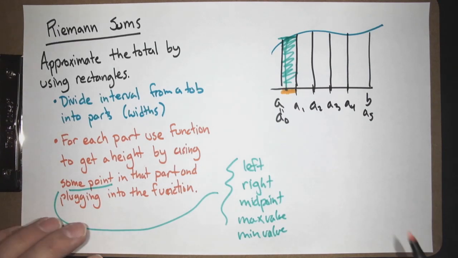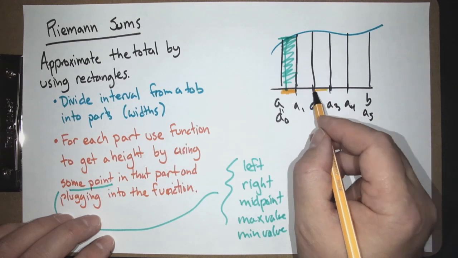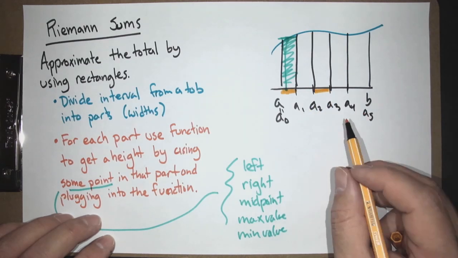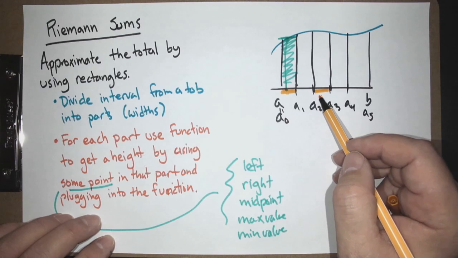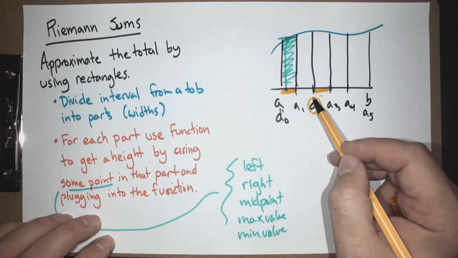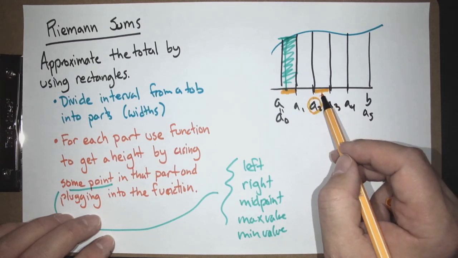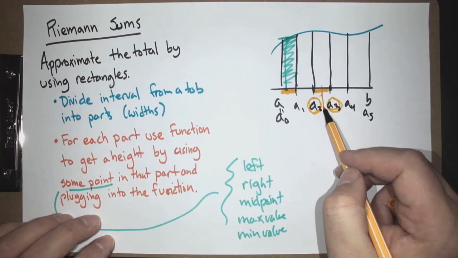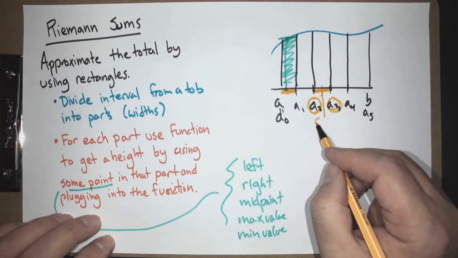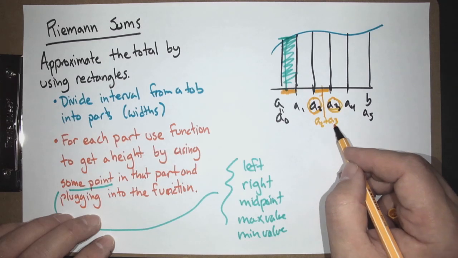So, for instance, suppose I'm in my interval from A2 to A3. Which one is my left point? A2 would be on my left. Which one is my right point? A3. Where's the midpoint? Well, it's add them and divide by 2.